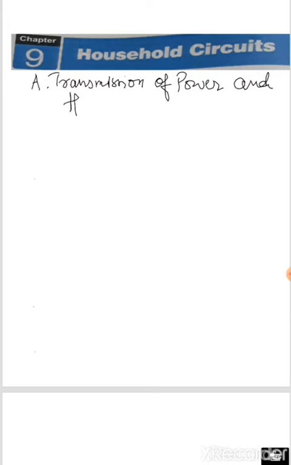household circuit. Now, if you see your book, the chapter is divided into two units. Unit A, where you have to learn about transmission of power and house wiring.